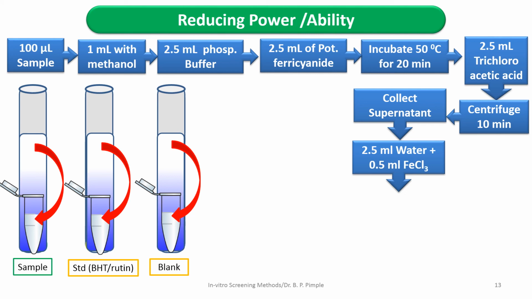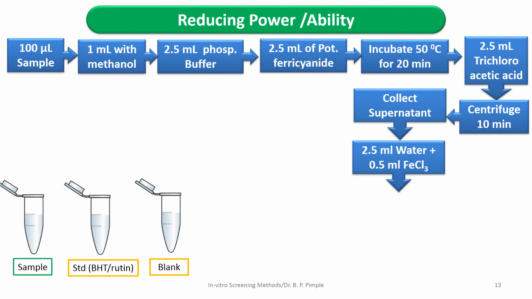The supernatant is collected into Eppendorf tubes, and these tubes are mixed with water and 0.5 molar ferric chloride solution.